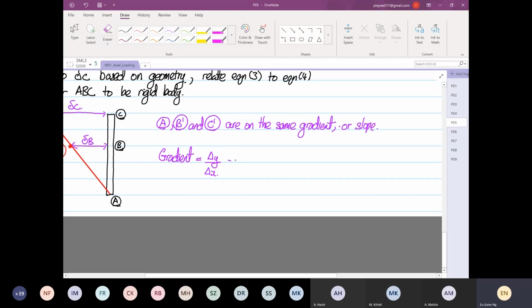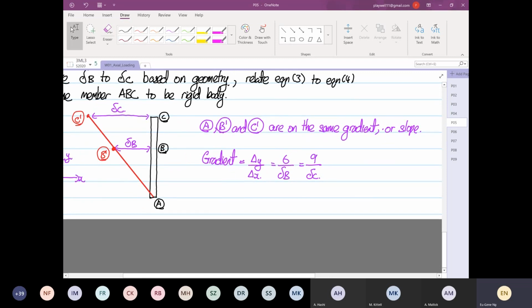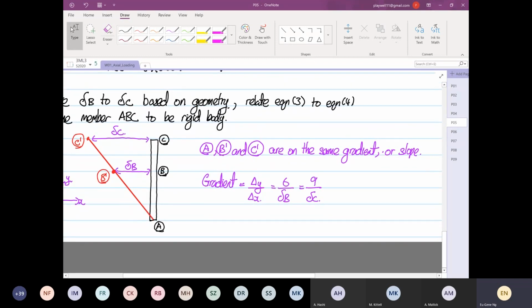So this will be equal to 6 divided by delta B, and this will be equal to 9 divided by delta C. Okay, so they are on the same what? They are on the same gradient. Okay, so we know delta B, so this is my equation number 5.